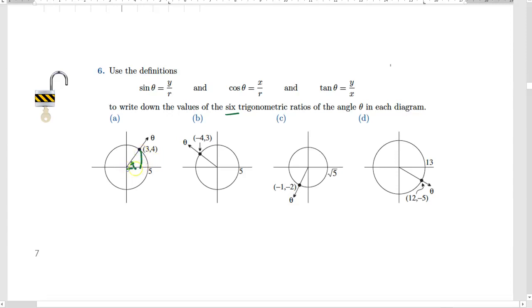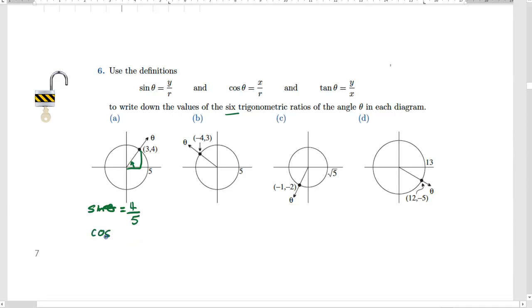So we imagine our triangle here. So sine of theta is again the opposite, so the y value over the length of the hypotenuse, and you can see that the length of the hypotenuse, because this is a circle of radius 5, that will be 4 over 5.